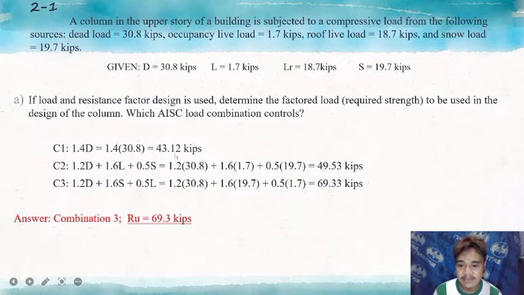is equal to 43.1 kilopascals. For our combination 2, which is 1.2D plus 1.6L plus 0.5S, is equal to 1.2 times dead load, 30.8, plus 1.6 times live load, which is 1.7, plus 0.5 times snow load, which is 19.7 kilopascals.